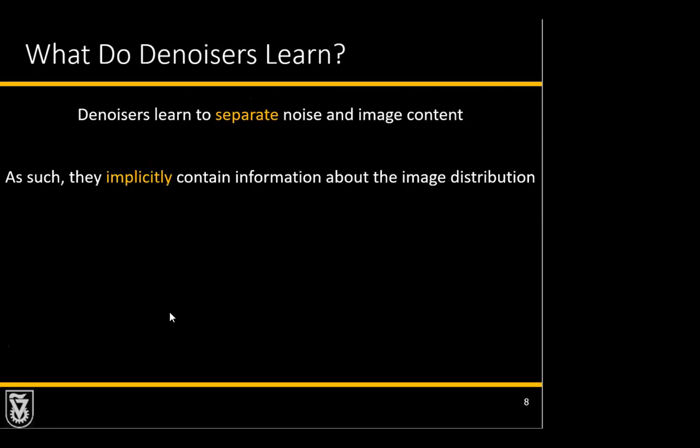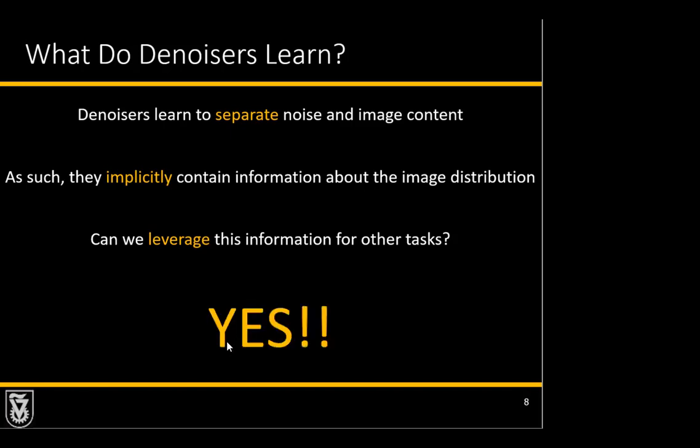So because of that, we think that this denoiser, although we did not explicitly tell it a model about what image content should look like, it does implicitly contain some information about the image distribution, about what an image should actually look like. So can we leverage this information for other tasks? The information that is embedded in a denoiser, can we use it to solve other tasks pertaining to the same image distribution? The answer is a resounding yes.